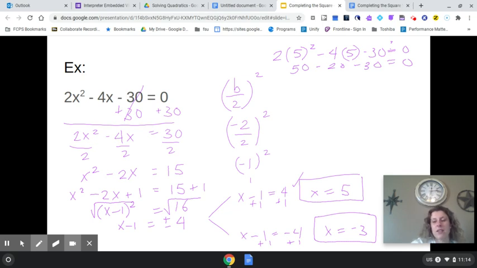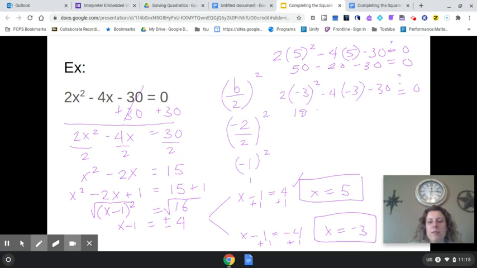Second solution, x equals negative 3. If we plug that in, 2 times negative 3, quantity squared, minus 4 times negative 3 minus 30. Does that equal 0? Well, negative 3 squared is positive 9 times 2 is 18.